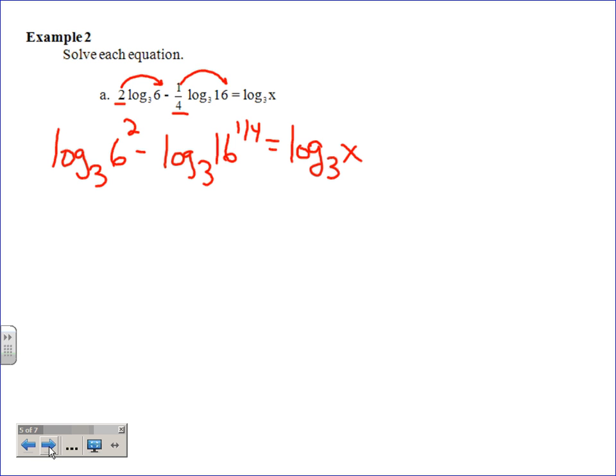Any questions on how I moved the exponents? It's one of the bigger properties of logarithms that actually allows us to cheat the system a little bit, I guess you could say.